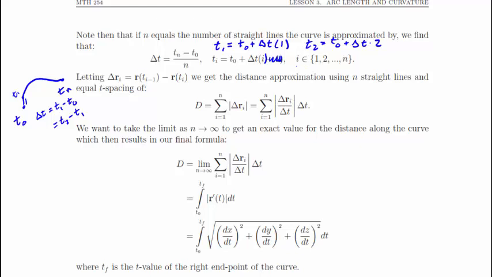And for this we use i as anything from 1, 2, 3, 4, etc., all the way up to whatever we've chosen for n. Now we want to have a computation for the change in r sub i, so that's r of t sub i minus 1 minus r of t sub i. And we're going to use this, which is just as we saw before: the sum from i equals 1 to n of r of t sub i minus r of t sub i minus 1.